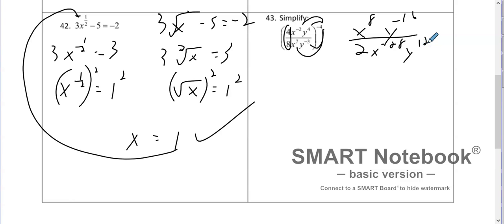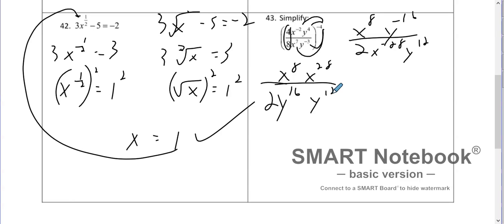Clean it up. On the top, x to the 8 stays, it's positive. Y to the negative 16 goes downstairs to get positive. 2 stays on the bottom. X to the negative 28 moves upstairs to get positive. Y to the 12 stays downstairs, positive. But I did forget something.